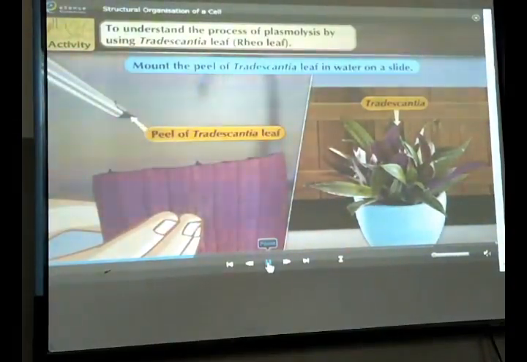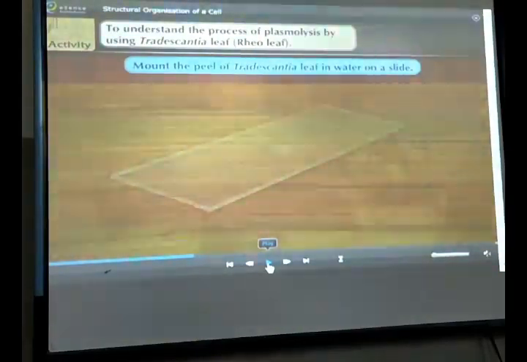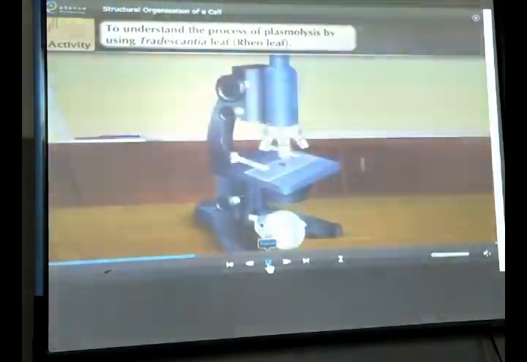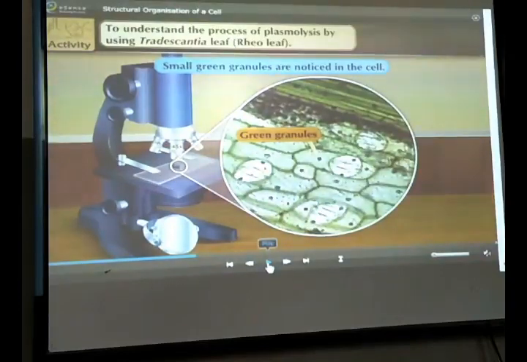You can see that we have to mount the peel of this Tradescantia leaf in water on a slide, and then with the help of an indicator we stain it, and after covering it with a cover slip and keeping it under the microscope lens, some green granules are noticed in the cell. Small dot-type green granules are there.